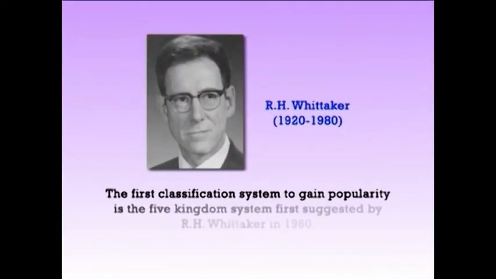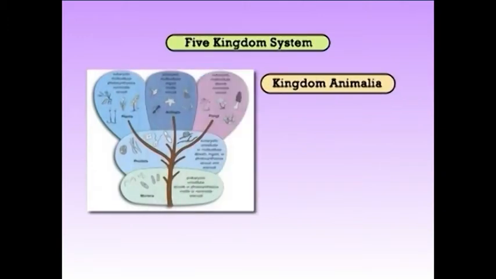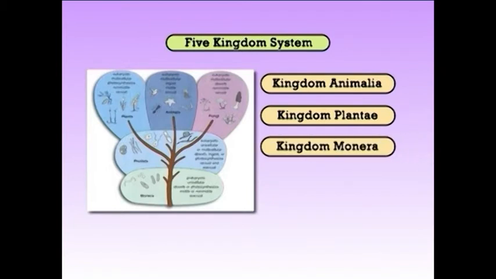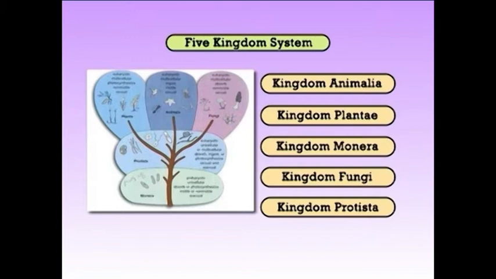Next, we'll see the different classification systems. The first classification system to gain popularity is the Five Kingdoms system that was first suggested by R.H. Whittaker in the year 1960. This Five Kingdoms system contains Kingdom Animalia, Kingdom Plantae, Kingdom Monera, Kingdom Fungi, and the last one, Kingdom Protista.